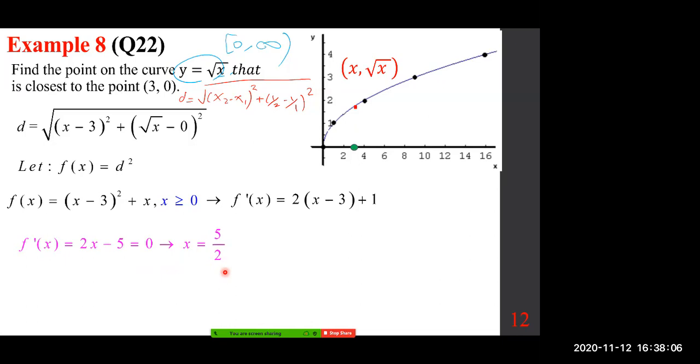X becomes 5 halves. And so now, is this going to maximize or minimize? We don't know. Okay, let's find f double prime. I hope you see that f double prime is simply 2, which is positive. That means concave up. That means minimum occurs at x equals 5 halves. Okay.